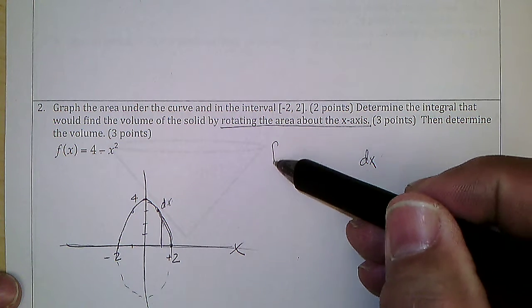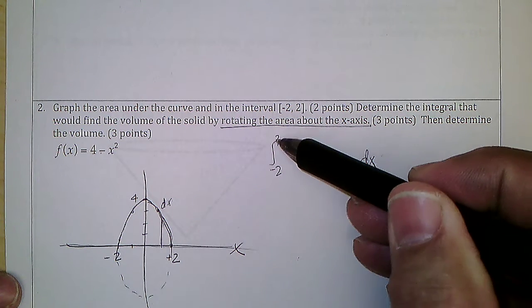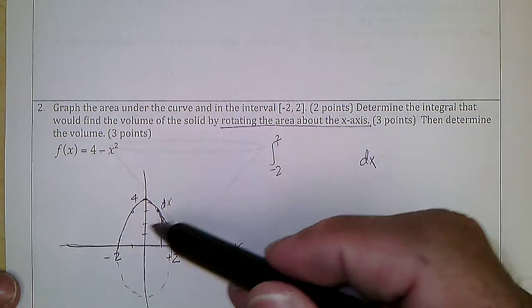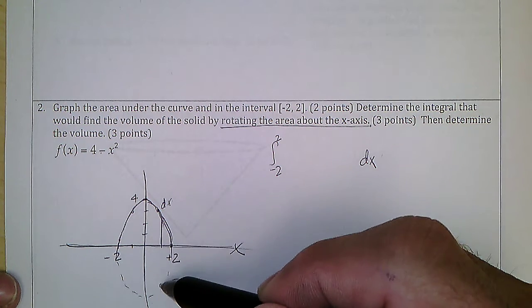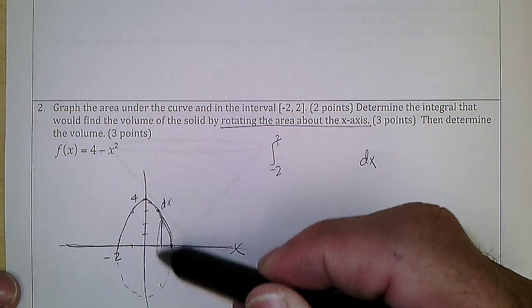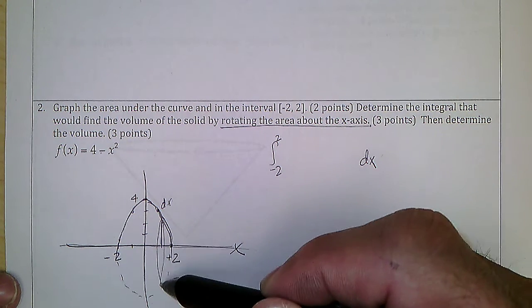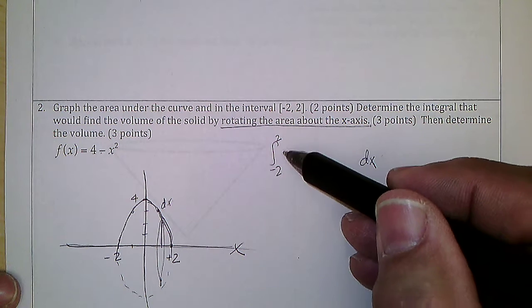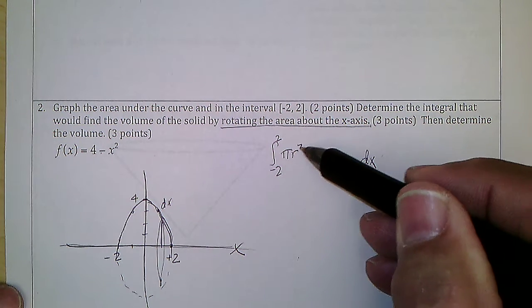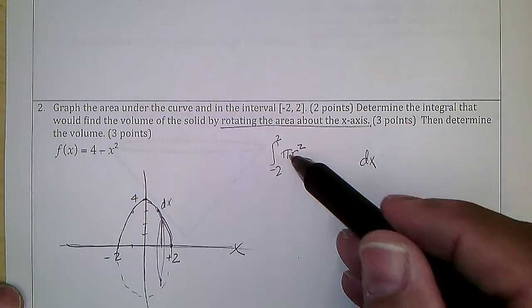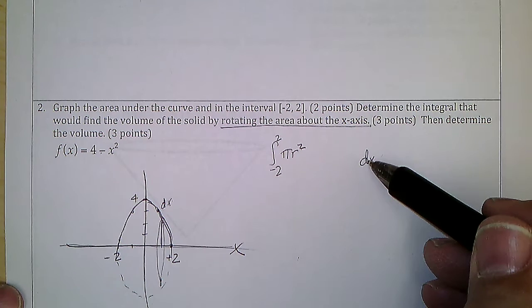I'll just do all of it, -2 to 2. Some people did that. And this is going to go around and make a circle, which is going to have an area of pi r squared, a volume of pi r squared dx.